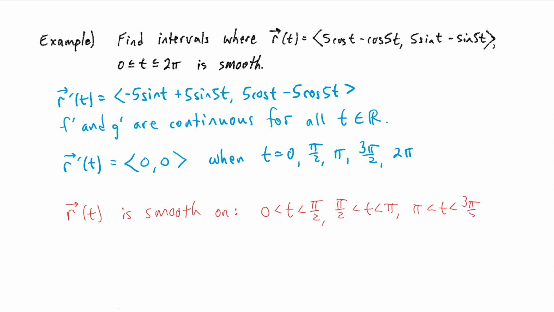Pi to 3 pi over 2, and then 3 pi over 2 up to 2 pi. So if we wanted to integrate this vector valued function, which we're going to talk about soon, I'd have to split it up and integrate separately on those intervals. If I was going to do some sort of definite integral from 0 to 2 pi, I'd have to do it on those smaller intervals.